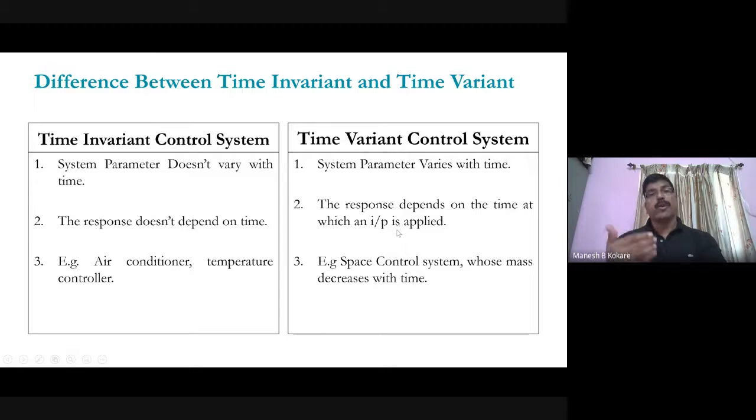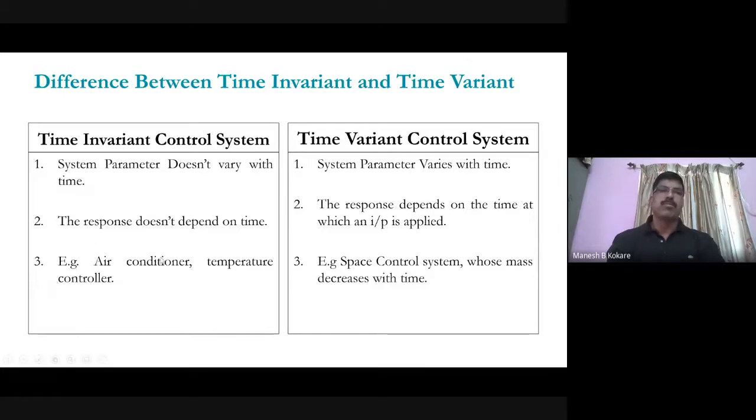So if you apply the input at 10 a.m., your output may be different. If you apply the input at 5 a.m., your output may be different. This is possible in a time variant control system, whereas in a time invariant one, whether you apply the input at 10 a.m. or at 5 p.m., your output will remain the same.